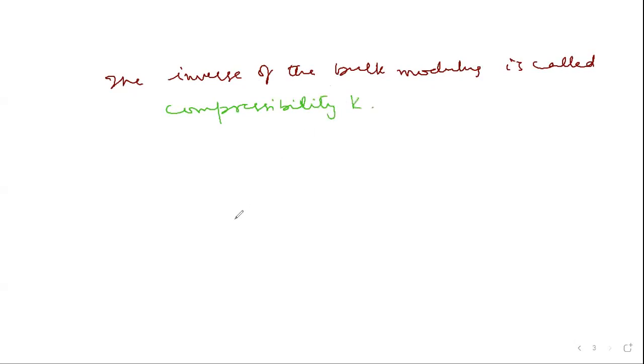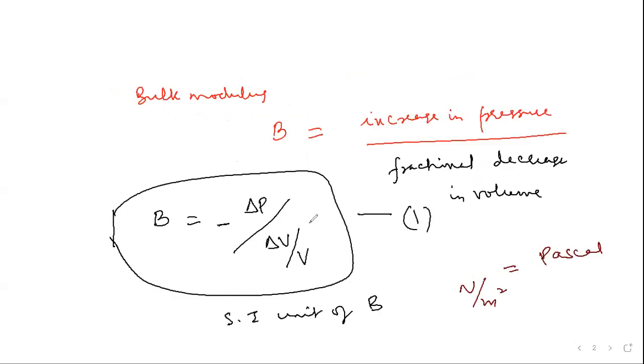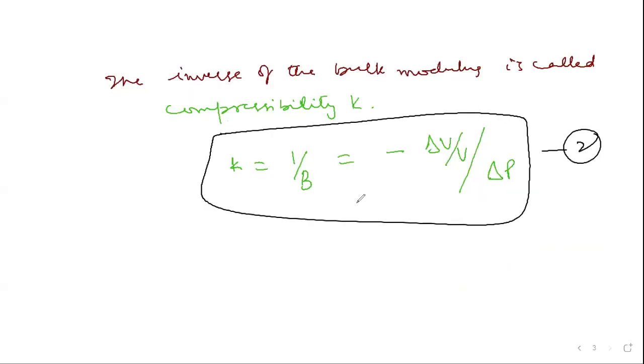It is denoted by K. So compressibility is 1 over bulk modulus, which is minus delta V by V over delta P. So this is defining equation of bulk compressibility. Simply I have to reciprocal the bulk modulus, so I got compressibility.